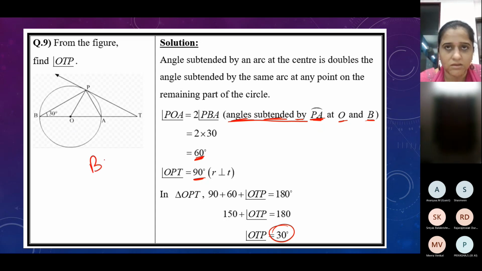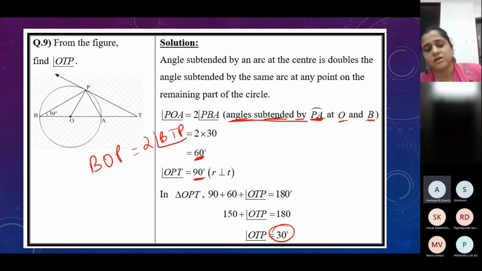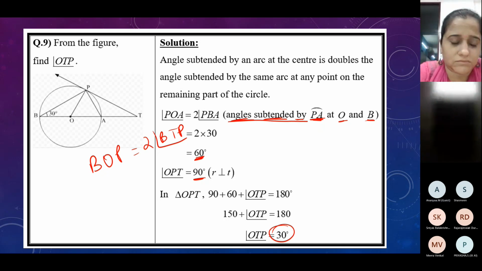Angle BOP will be twice the angle BTP directly because they are subtended by the same arc. BTP, is it, Ananya? Yes, ma'am, which is also equal to OTP, which is the one we have to find.